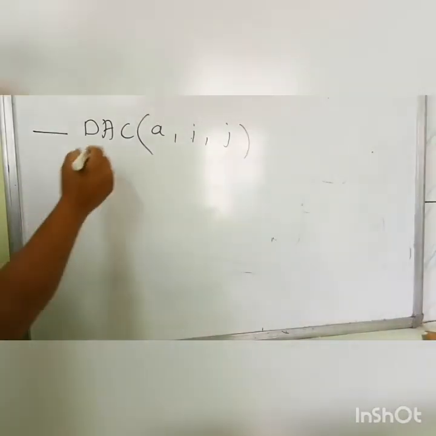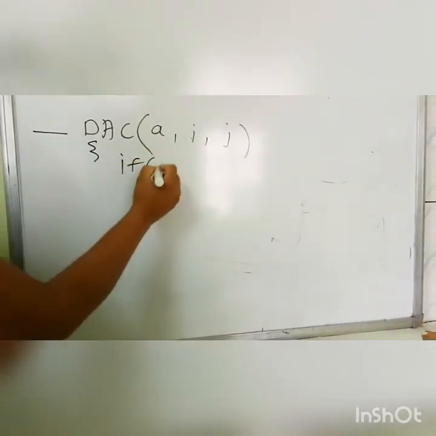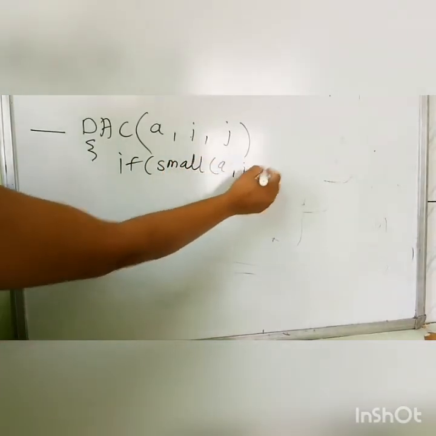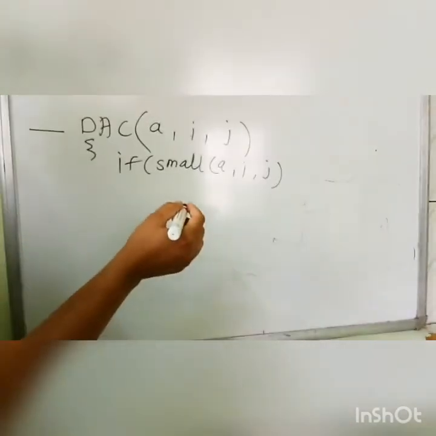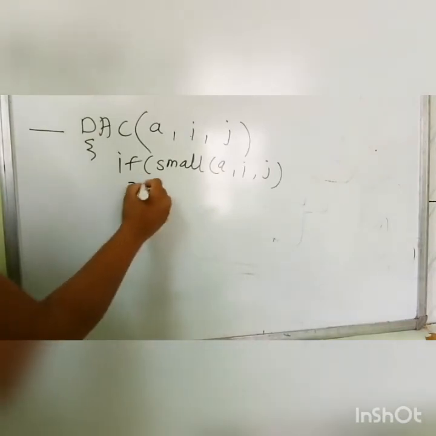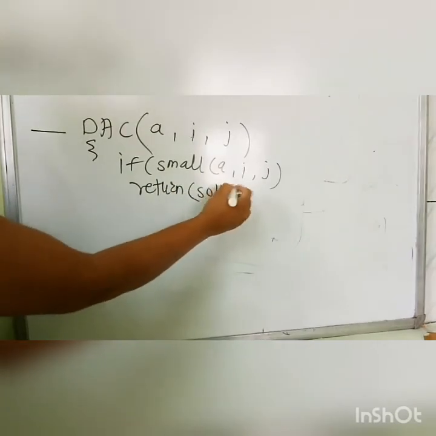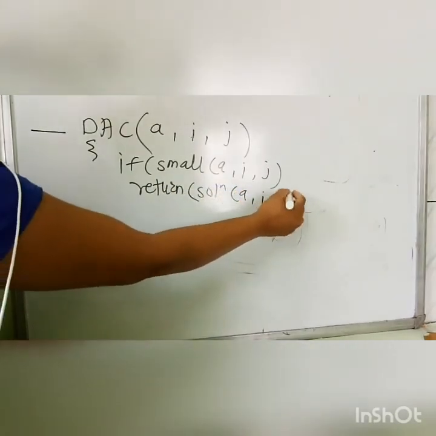Then we have to apply procedures like: if small(A, I, J), then we will return solution(A, I, J).